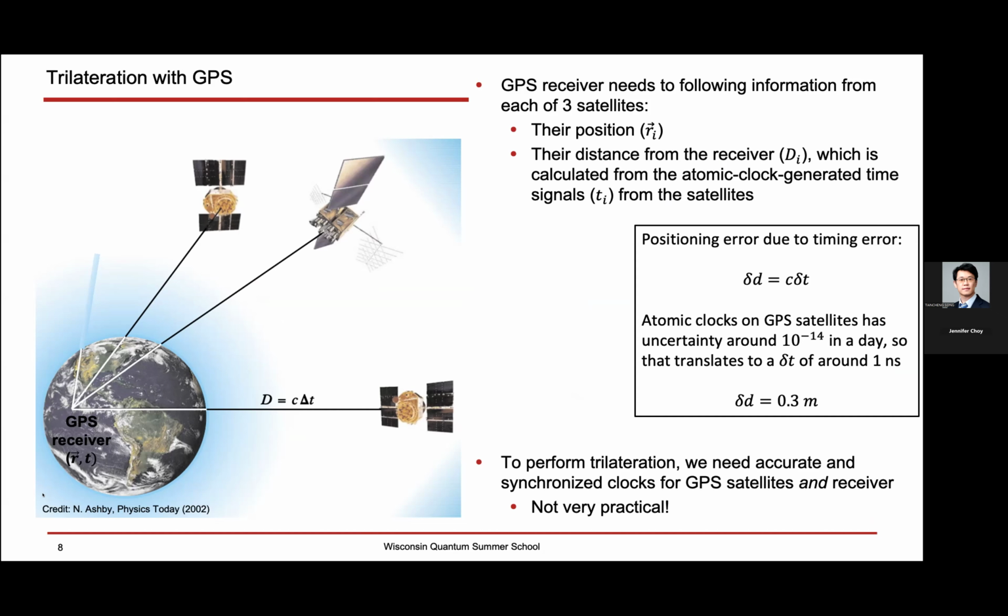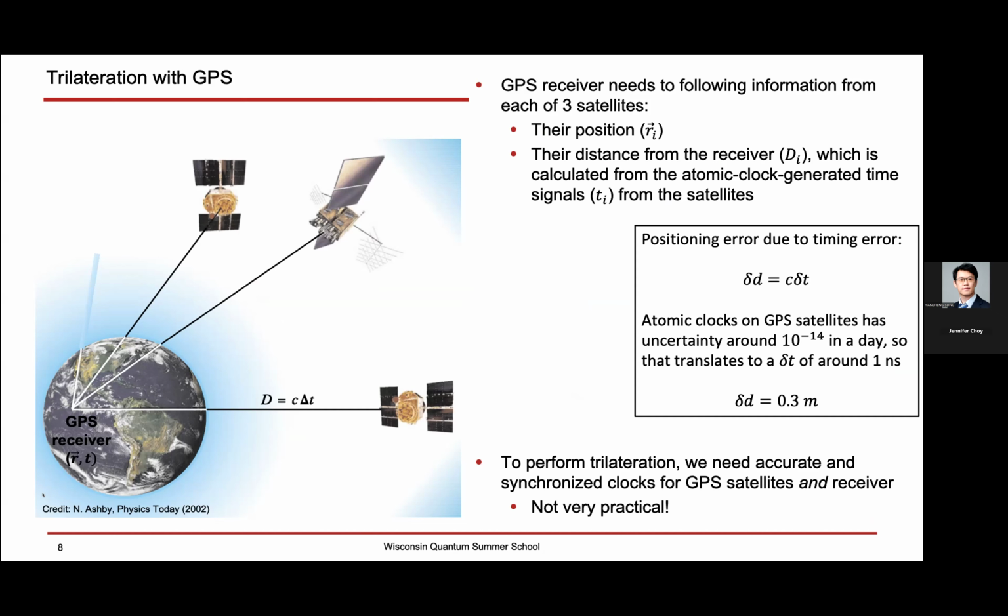So if you assume that your atomic clock is drifting around 10 to the minus 14, and this is a fractional uncertainty, that translates to about a nanosecond of drift in a day. What that means is that your position uncertainty becomes a fraction of a meter, which is roughly how we experience GPS: it's accurate to, let's say, within a meter.